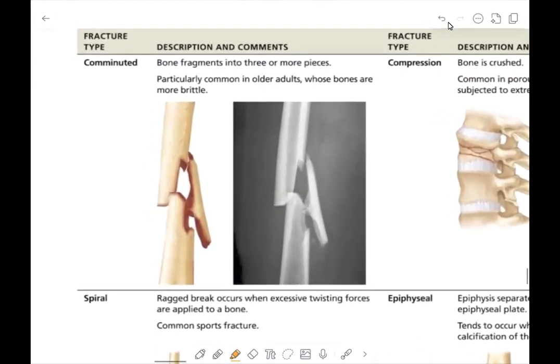The first one is called a comminuted fracture, where the bone fragments are broken into 3 or more pieces, and it's particularly common in older bones where the bones are brittle.